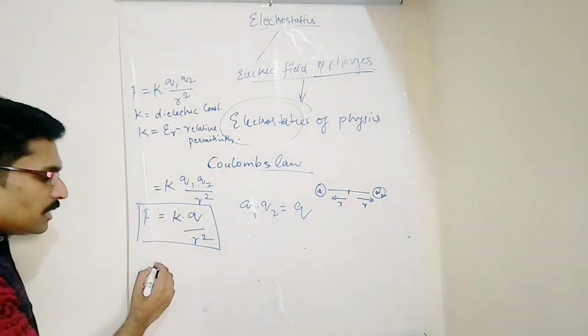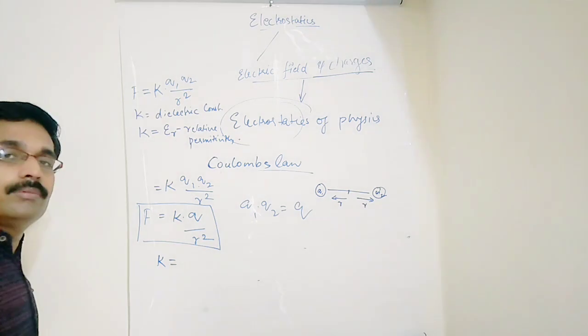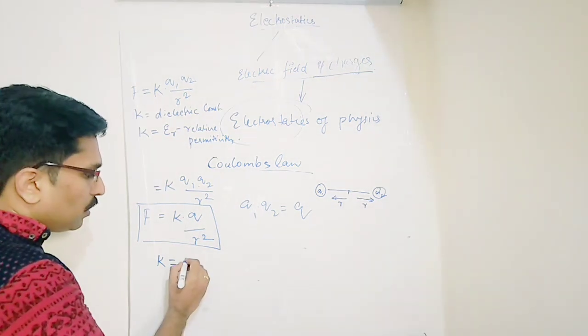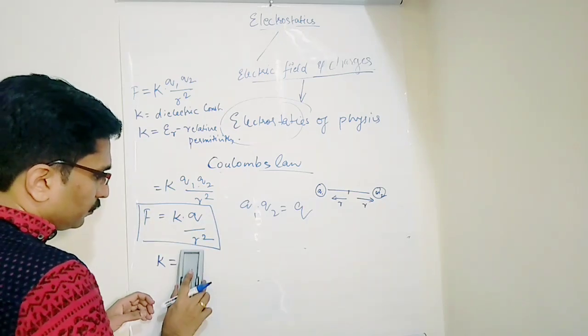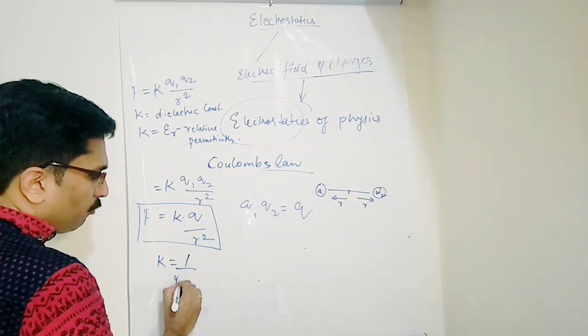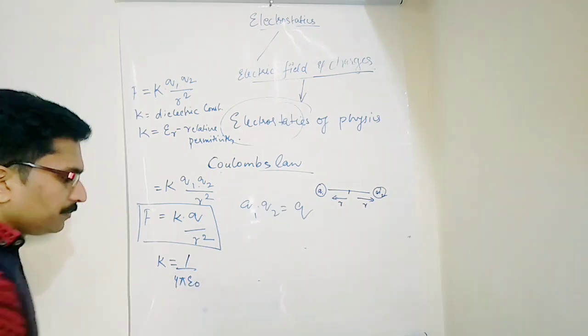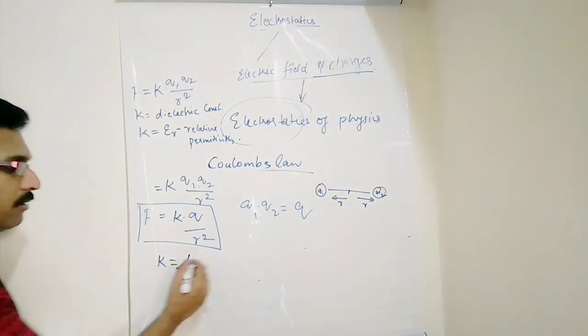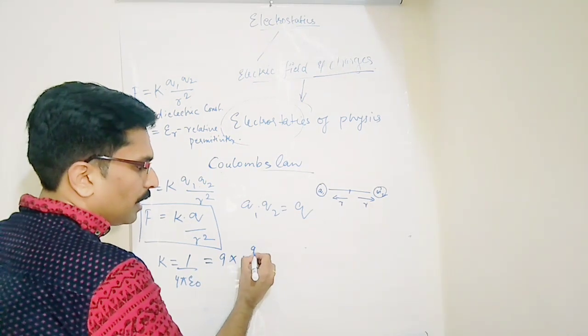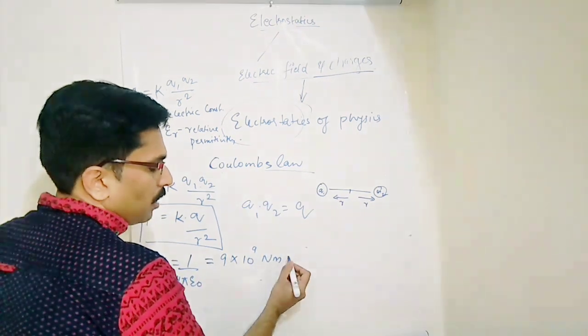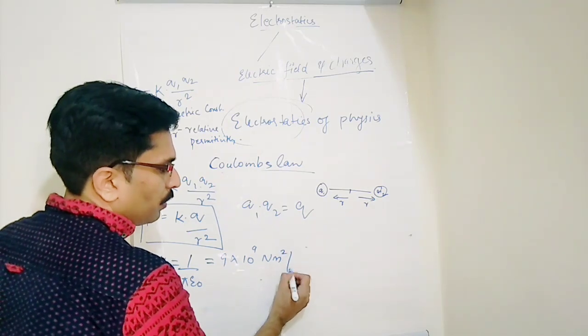Now this K has got a definite value, that is K is equal to 1 by 4 pi epsilon 0, and which is equal to a value of 9 into 10 to the power 9 Newton meter square per coulomb.